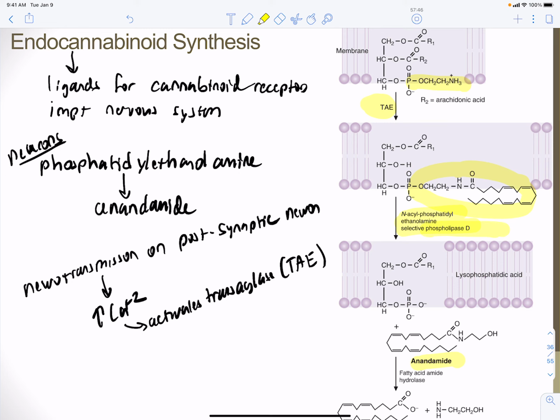And you're going to generate that anandamide. And then once that is released, it's going to be a retrograde messenger, and it binds to receptors on the presynaptic membrane.